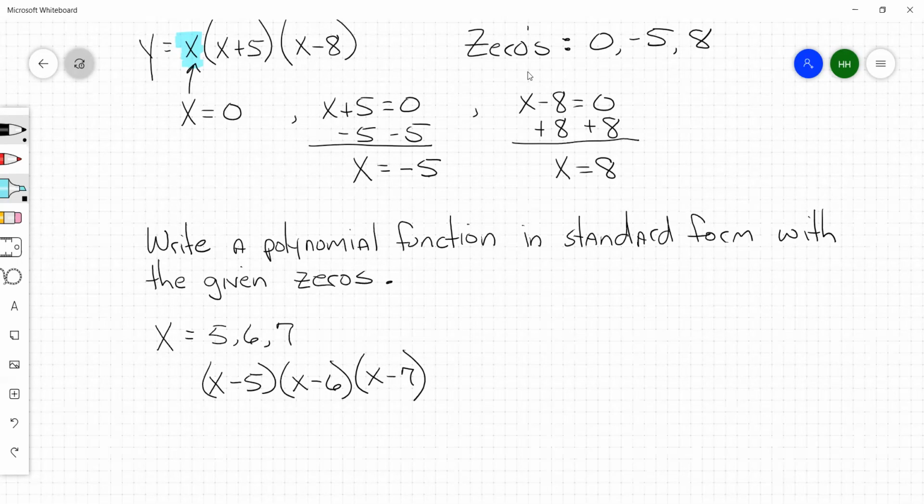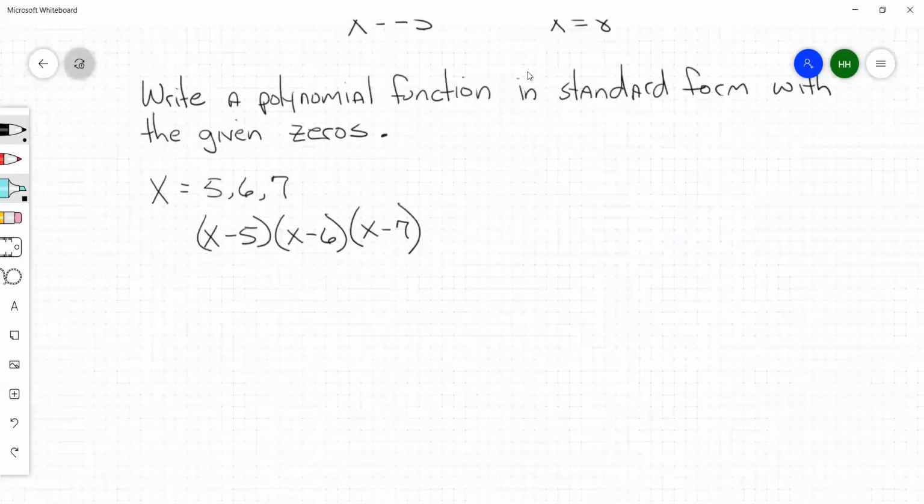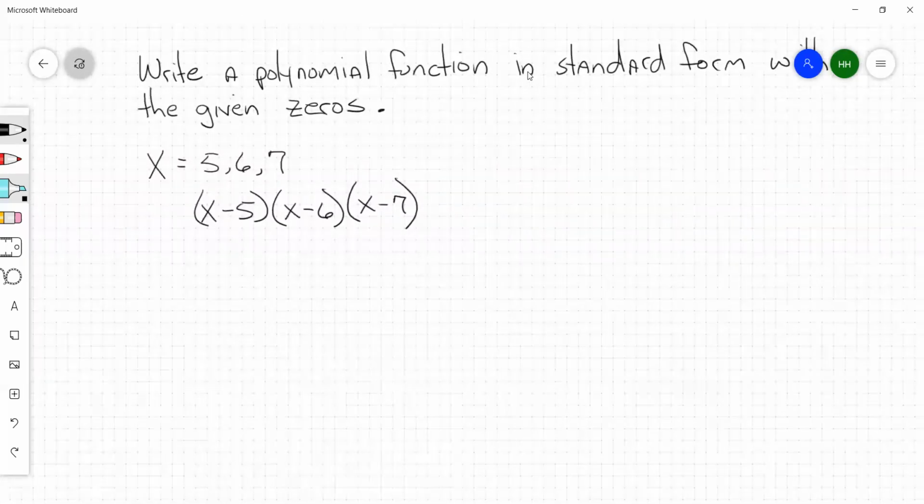And now you have to multiply. The first step in your multiplication is to take your first 2 factors and multiply them. So you've got an x times an x, which is x squared, and an x times a -6, which is -6x. -5 times x is -5x, and -5 times -6 is +30.